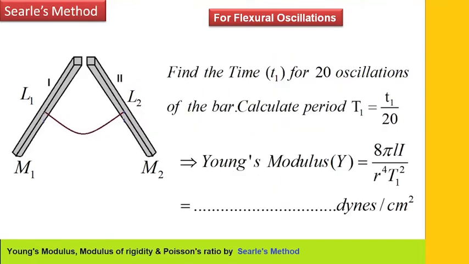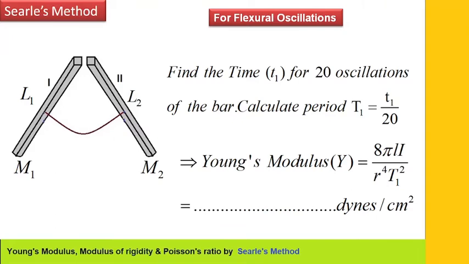Now find the time for 20 oscillations of the bar and calculate the time period T1, that is capital T suffix 1, is equal to small t divided by 20, where small t is the time taken for performing 20 oscillations.